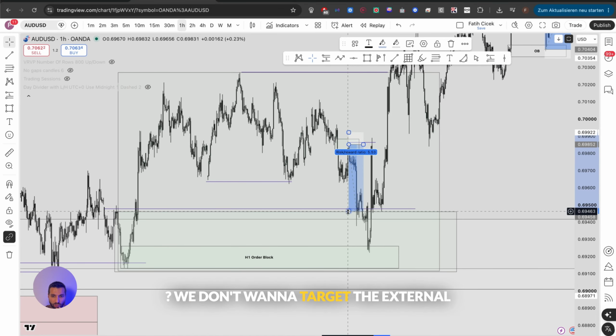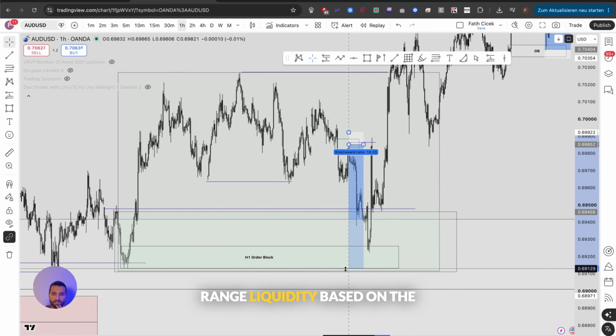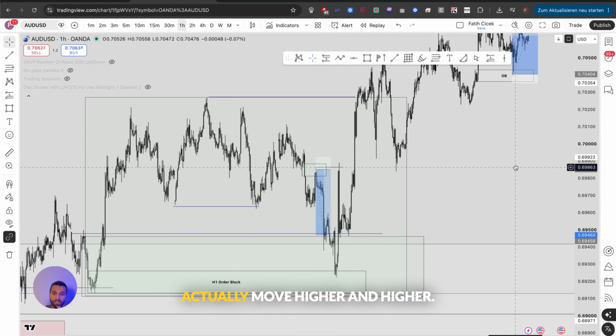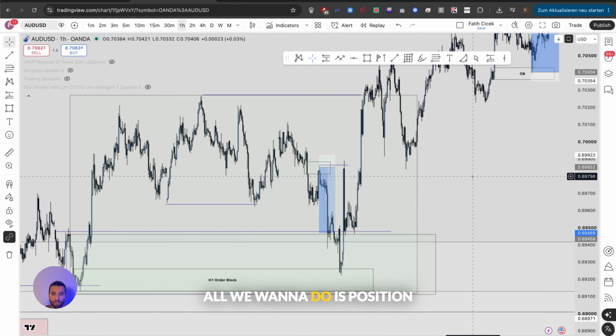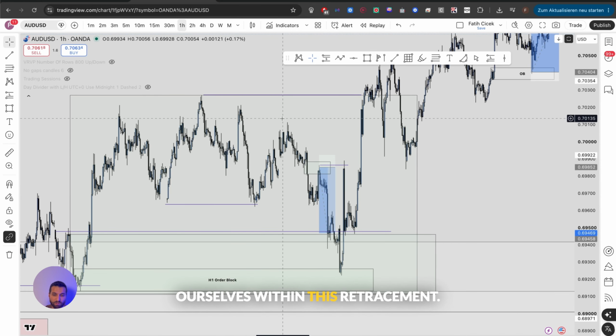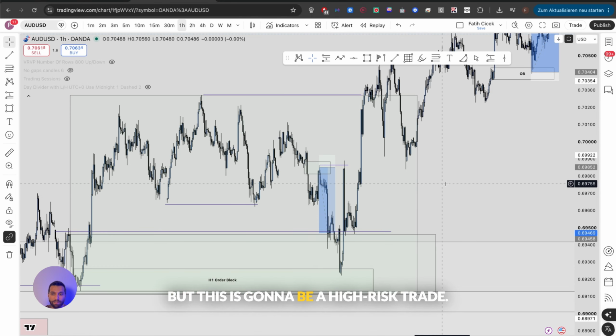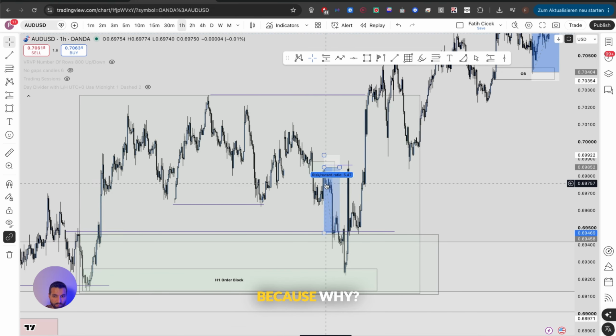We don't want to target the external range liquidity based on the 1 hour time frame, because why? Because we're expecting price to move higher and higher. All we want to do is position ourselves within this retracement, but this is going to be a high risk trade. Because why?